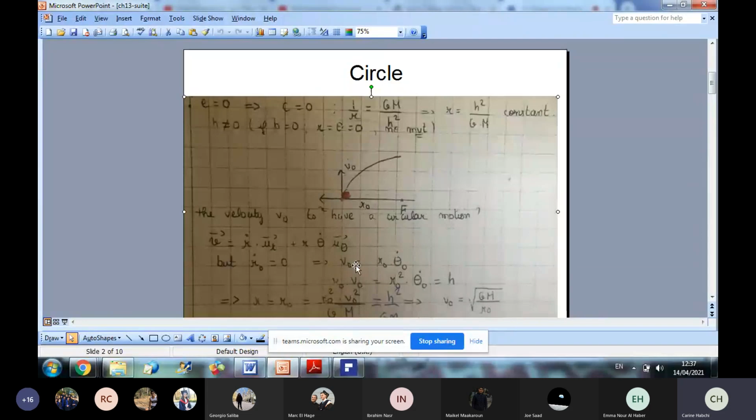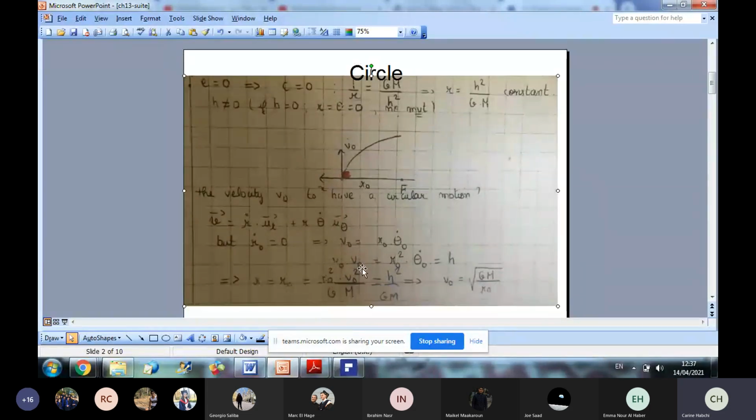Then if we take this equation, we have that r0 squared times v0 squared over gm will be equal to h squared over gm, and this means that v0 can be calculated as a function of gm and r0.